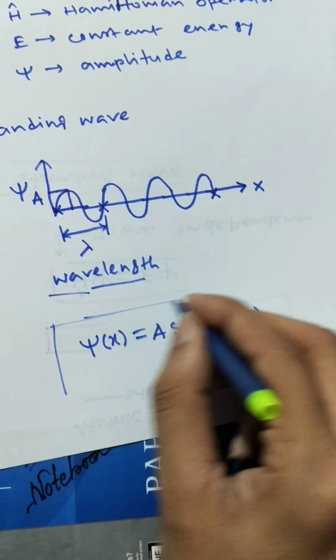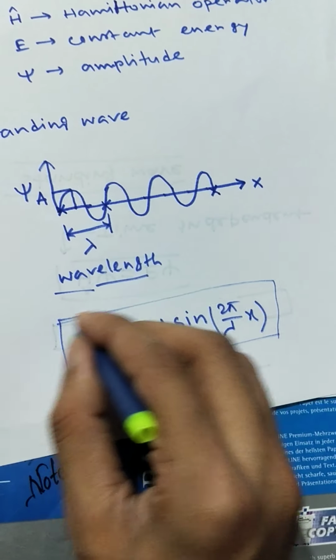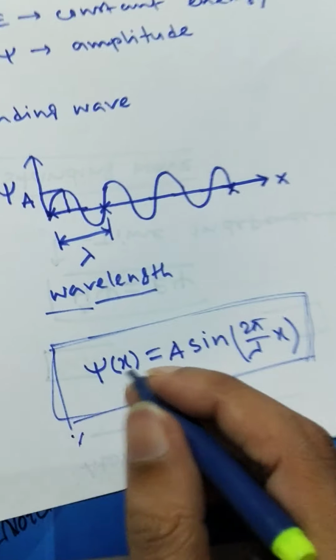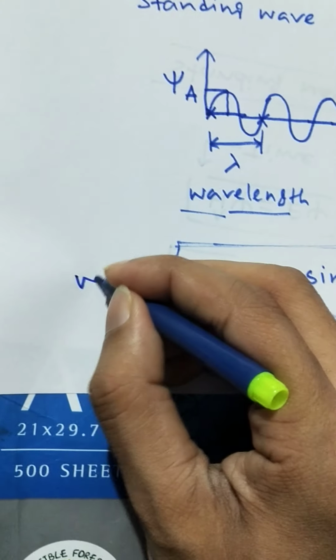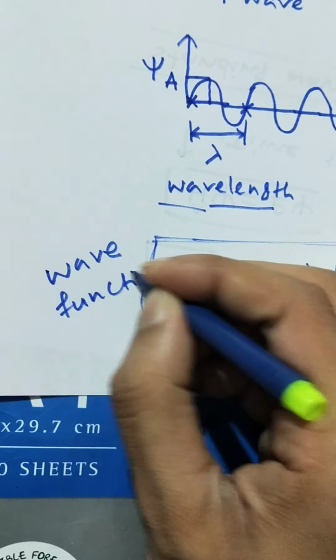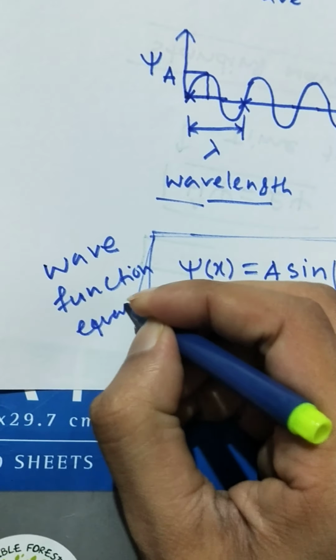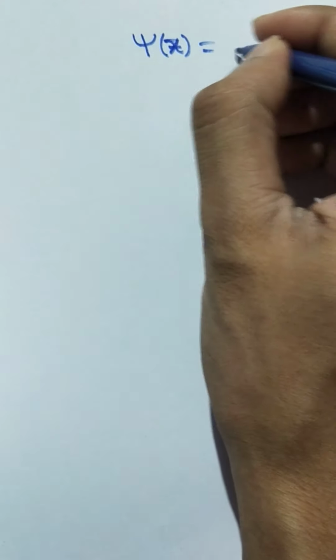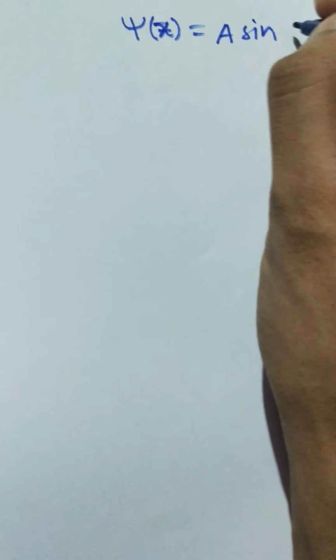This is the equation of the wave function. So psi equals psi of x equals A sine 2 pi by lambda into x is a wave function equation.